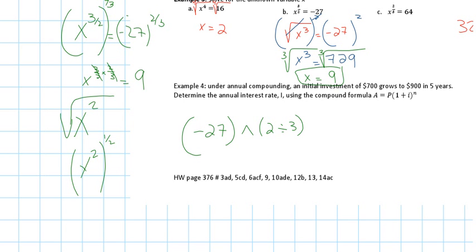It's because it's old. If we put negative 27, the power of 2 divided by 3, it's giving us an error. Why? I don't know. When I put the brackets, I get an error. When I do it by itself, I get negative 9.